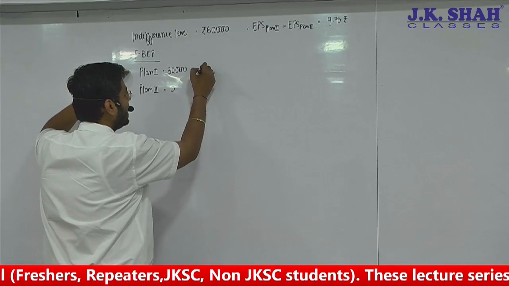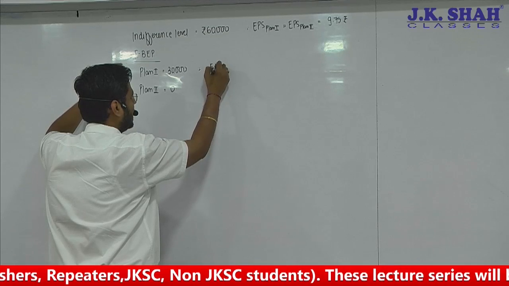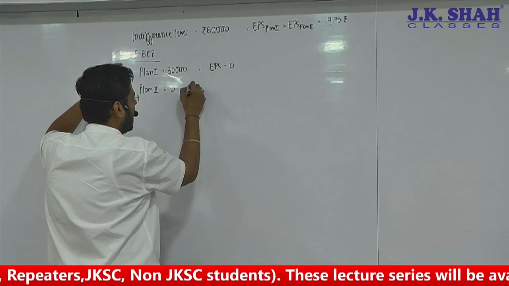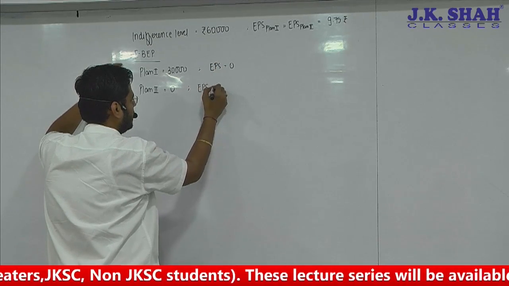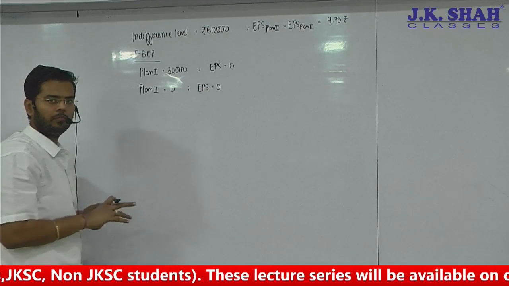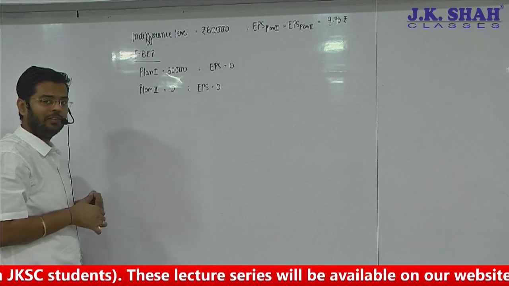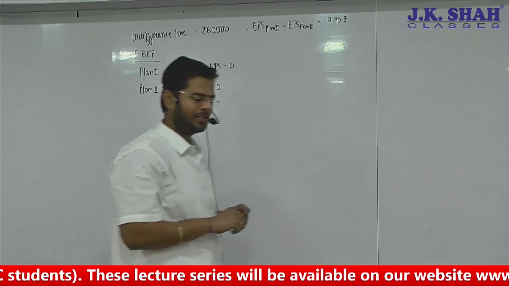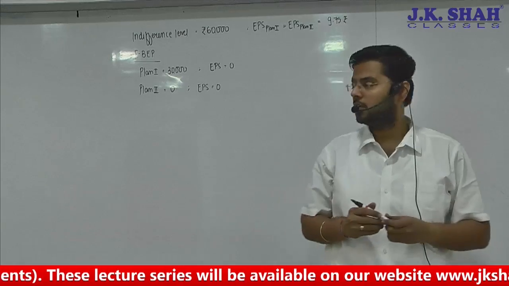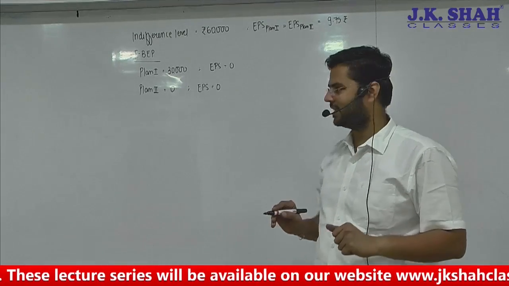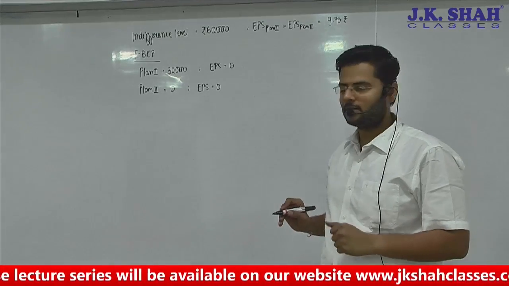It means at this level of EBIT, my EPS will be 0, and at this level my EPS will be 0. So what is the significance of these two levels of EBIT? Let's understand the same with the help of a graph. So we'll get to know what exactly these things explain to us.